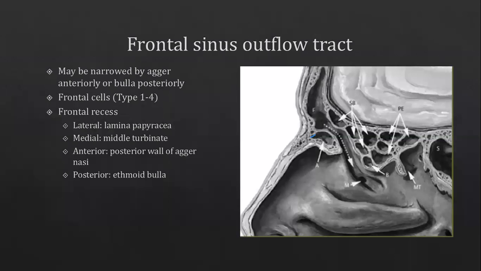The frontal sinus is variable in terms of the degree of pneumatization. It is extremely variable in terms of how it drains, not where it drains, but how it drains, because it is influenced by the anterior ethmoidal air cells.